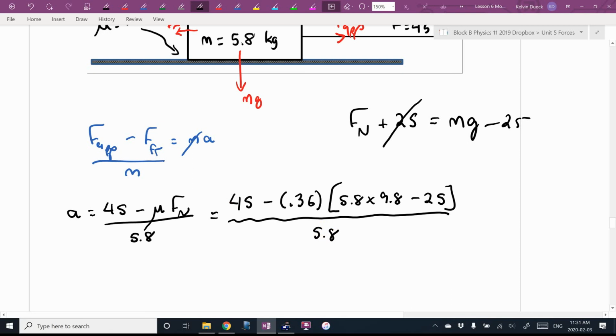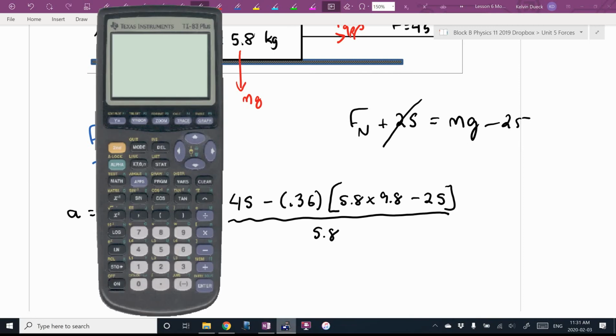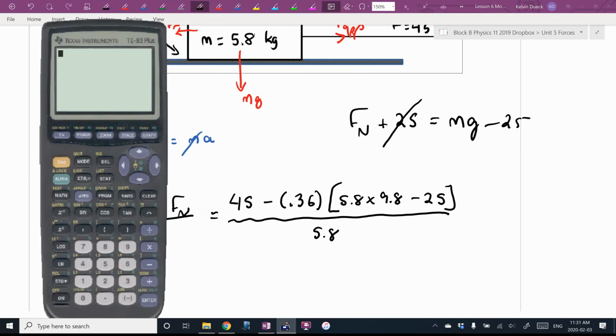If you want to type this all in one line, is this a fraction? Is there more than one thing on the top? If I don't have a two-level fraction, I've got to put brackets around the top. 45 take away 0.36 times bracket 5.8 times 9.8 take away 25. Close off the mini bracket.